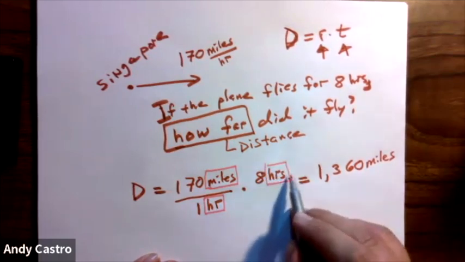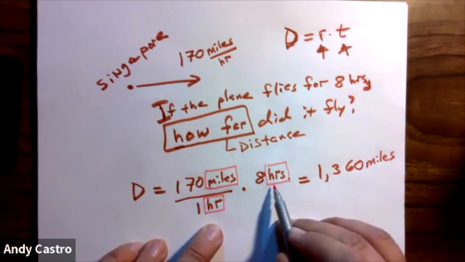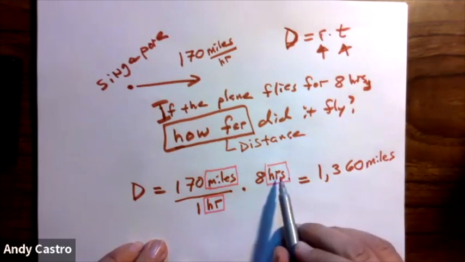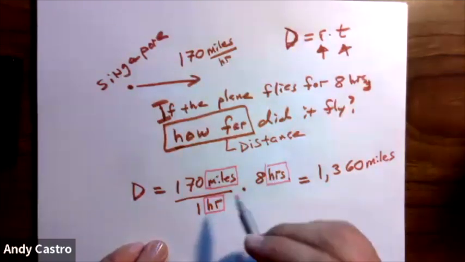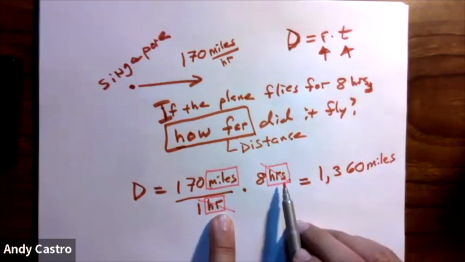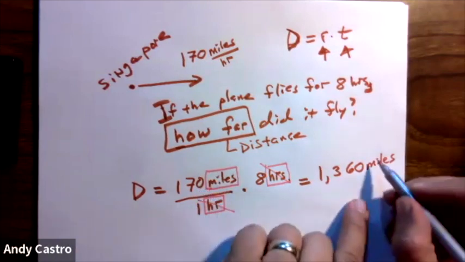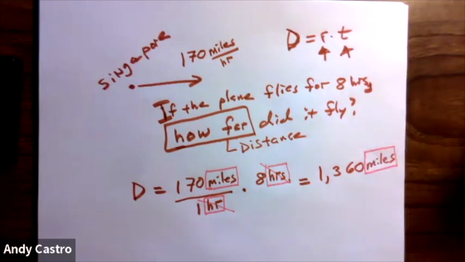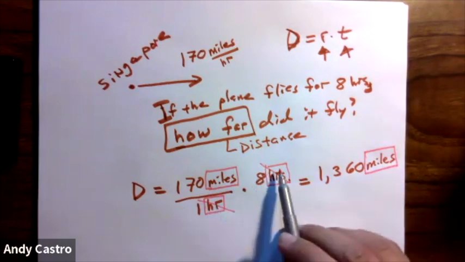Obviously, this is plural, 1 hour versus 8 hours, but we're talking about the exact same unit, meaning a number of hours. So if I have a unit in the numerator and the same unit in the denominator, they can cancel. The units will cancel. So the units that I'm left with are miles. That's why over here, the only thing that's left is miles, not miles per hour. The hours actually cancel themselves out.